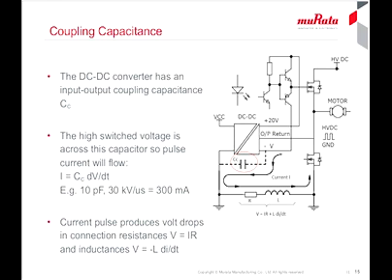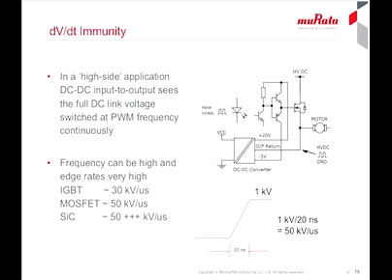In a related effect, the high switched voltage across the DC-DC converter also causes stress to its insulation. The edge speed of the waveform, so the dV by dt, causes stress as well as the voltage amplitude. This can cause long-term damage and failure.